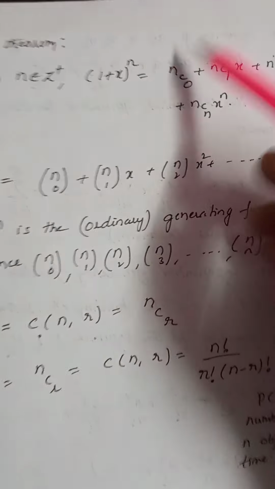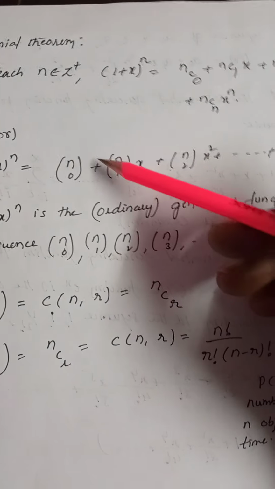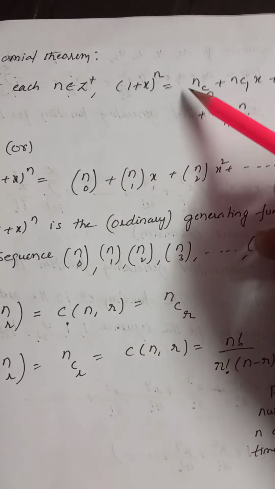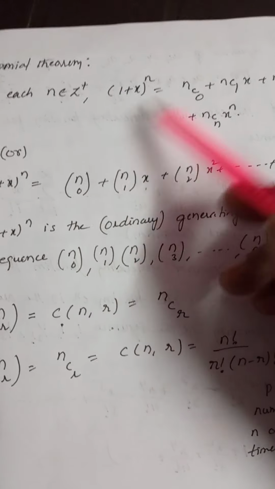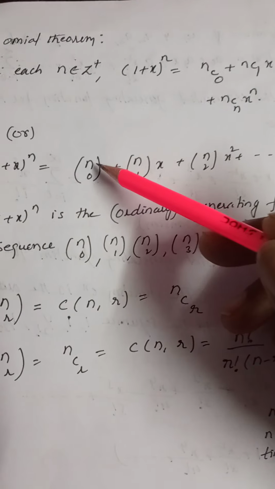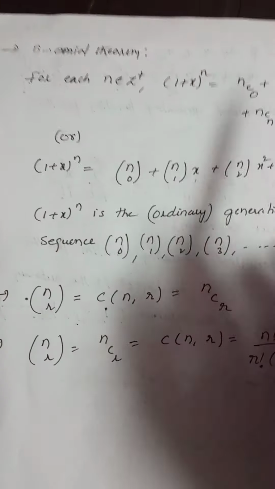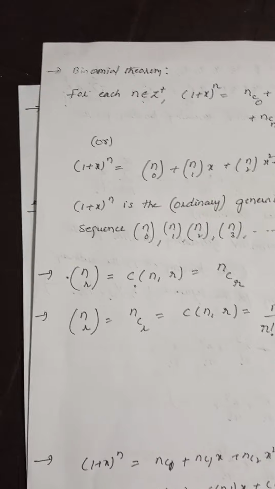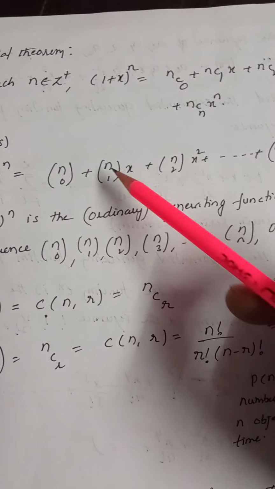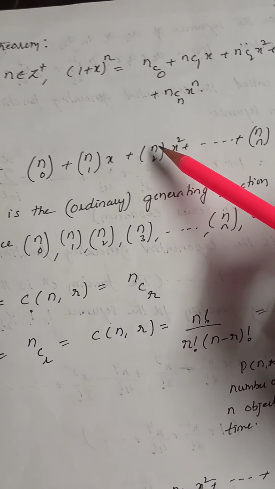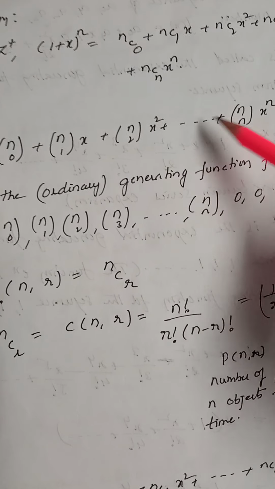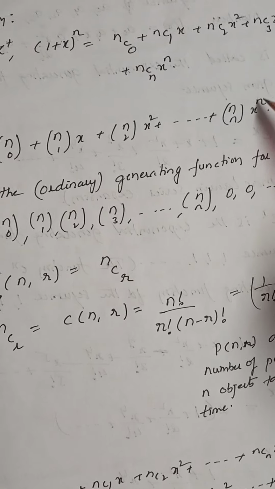Now we know that this nC0 can be written as (n 0). This is a shortcut notation, or another notation. The binomial expansion of (1 + x)^n is equal to (n 0) + (n 1) x^1 + (n 2) x^2 + and so on, plus (n n) x^n.